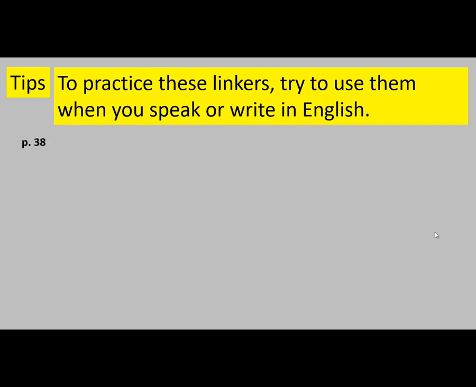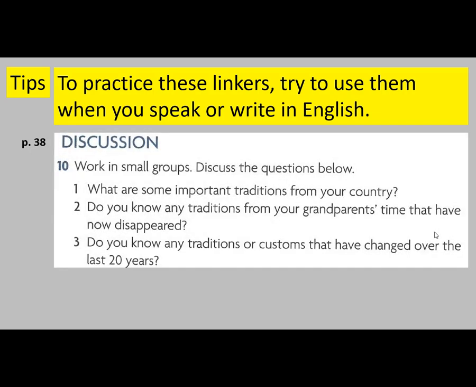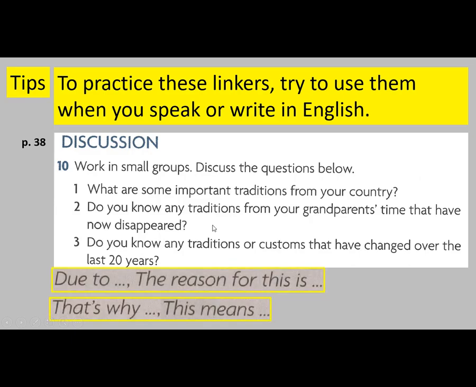If you go to page 38, you will see this discussion in exercise 10. You will have 3 questions. And when you are discussing these questions, try to use these linkers in your speaking or in your writing. For example, what are some important traditions from your country?